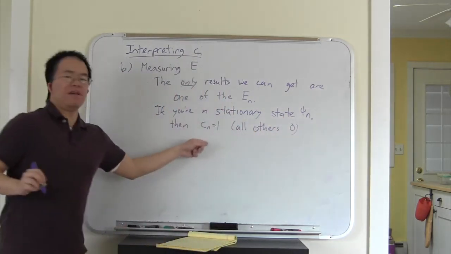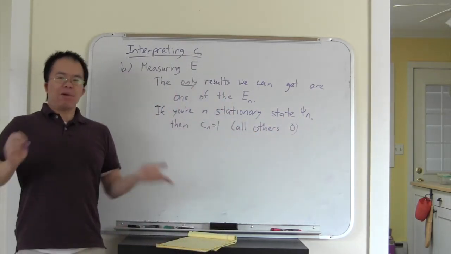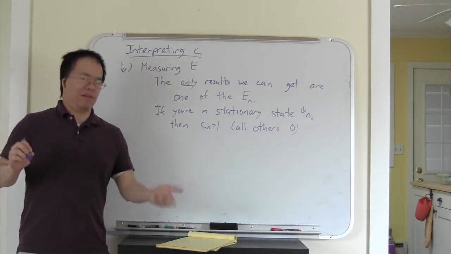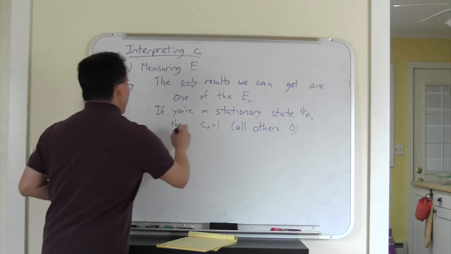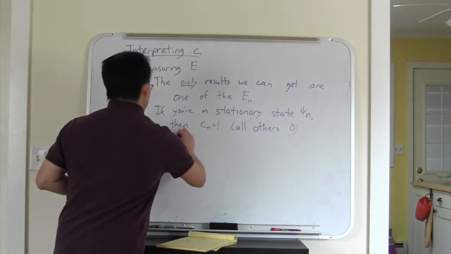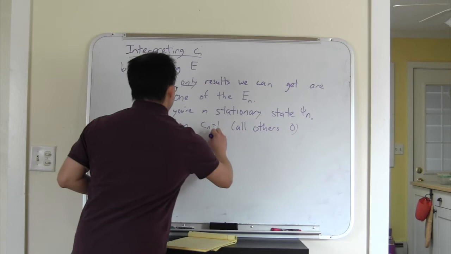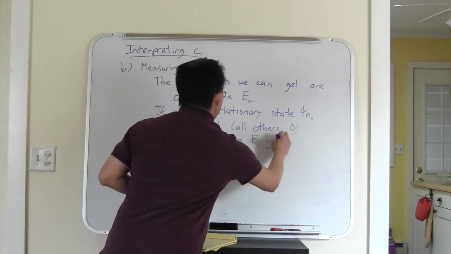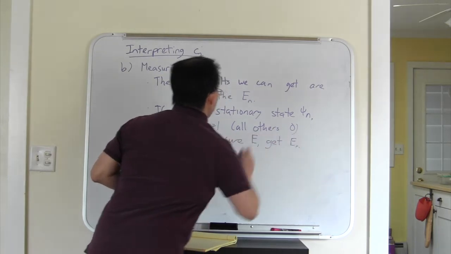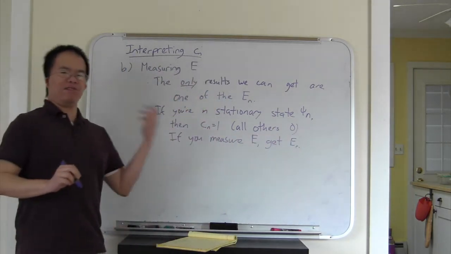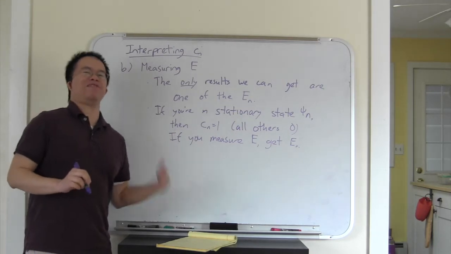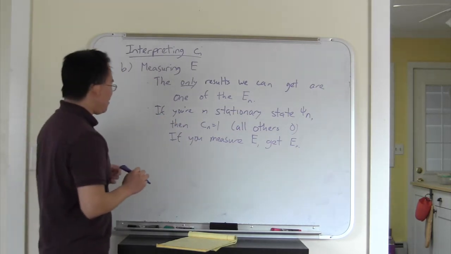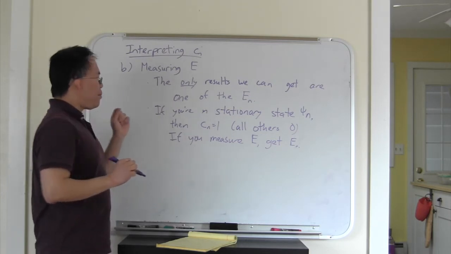And if you're in a particular stationary state, of course you're going to measure the energy associated with that stationary state. So if you measure E, you get that nth stationary state energy that goes like n squared pi squared h bar squared over 2m L squared. But what if you're not?